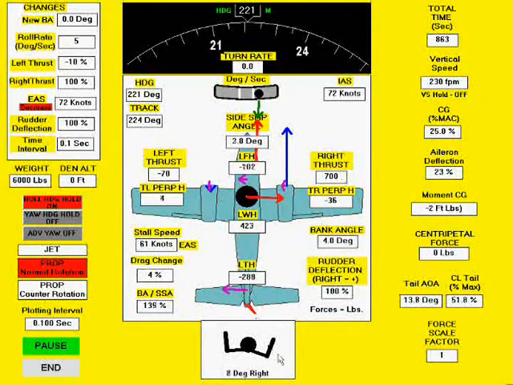As the airspeed decrease continues, notice the increasing wheel deflection toward the operating engine.